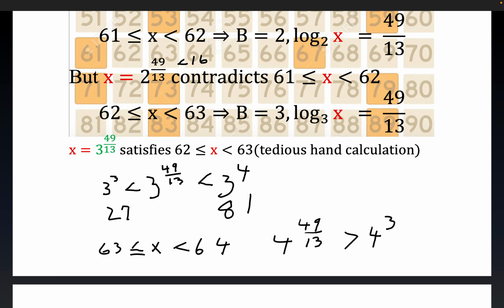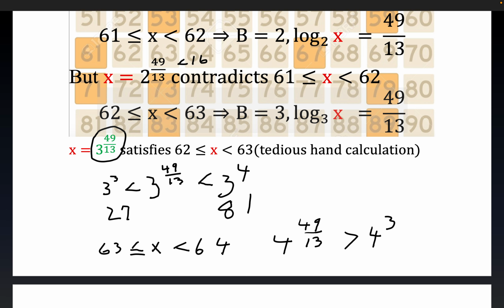So you're way out somewhere else, nowhere near this interval, and it gets even worse when you go to 64 to 65. I can guarantee it's the solution, but I did have to check it with technology.